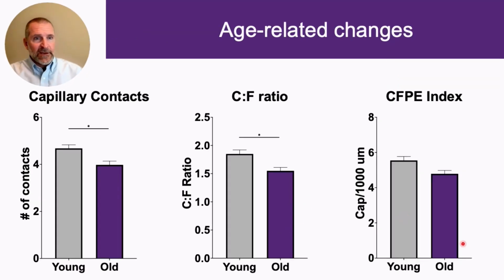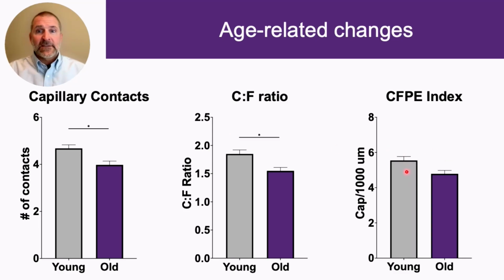Now, if we transition into some age-related differences, we know that age is associated with a reduction in exercise capacity. So not surprisingly, there's a consensus, though not completely unequivocal, that there appears to be a reduction in capillarization with aging, denoted here by a reduction in capillary contacts and a reduction in capillary to fiber ratio.